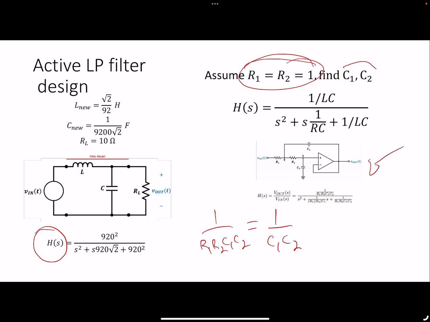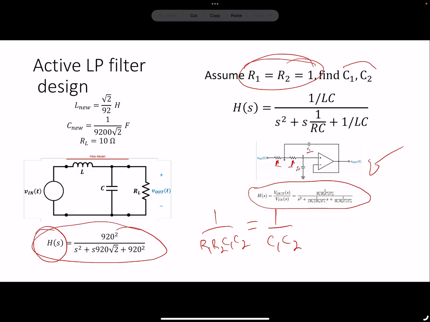Okay, so let's say we're trying to pick capacitances and resistances to match this expression, and we're told that this is the transfer function for this circuit. We're also told that we already chose this to be 1 and this to be 1, so we need to figure out what C1 and C2 are. Well, we want this thing to be the same as this thing, so we set that to 920 squared.